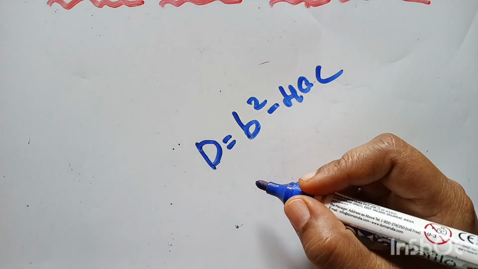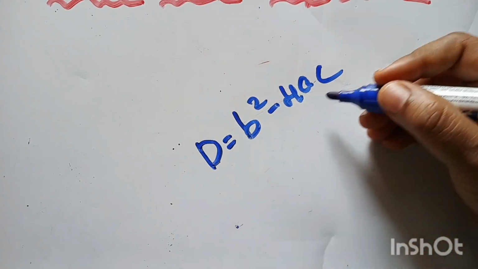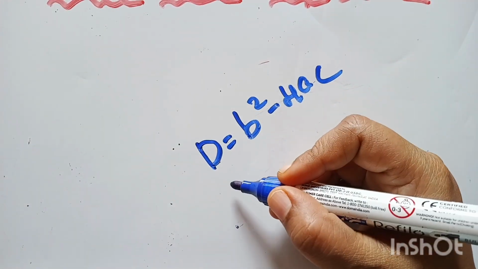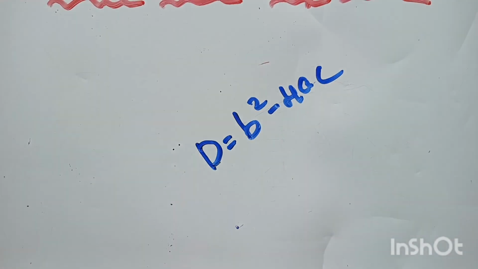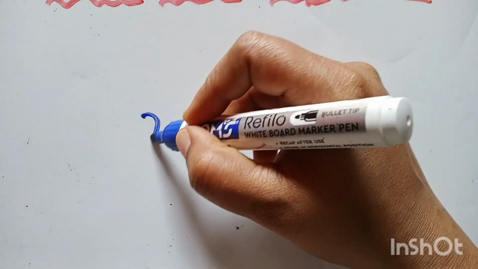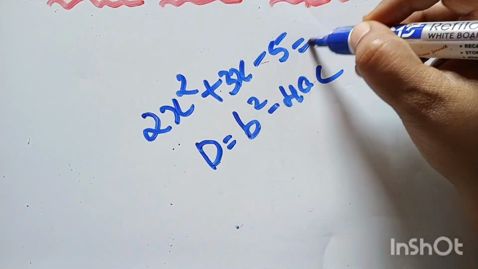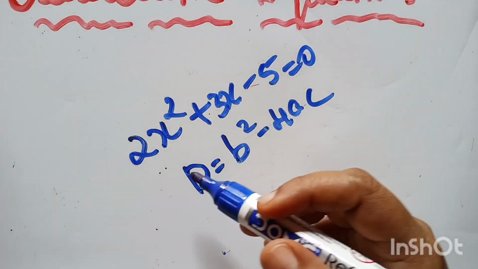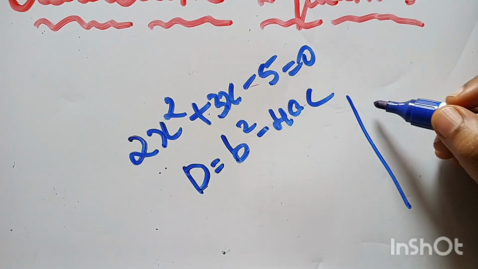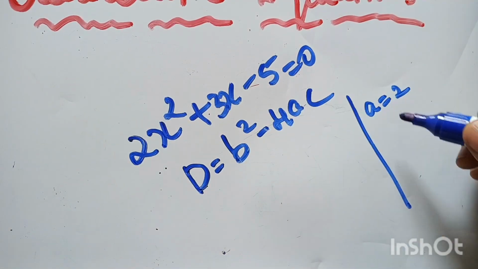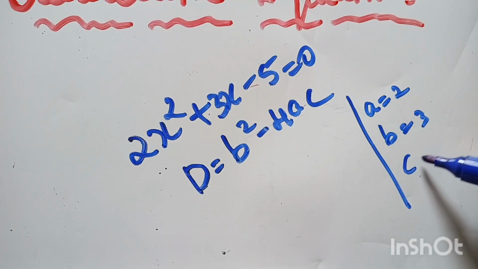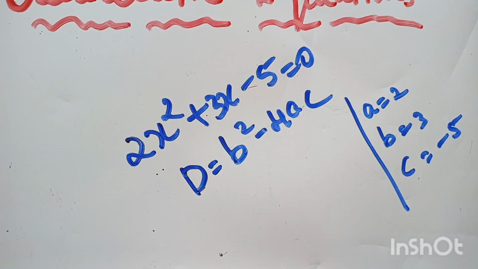For example, one equation: 2x square plus 3x minus 5 is equal to 0. For the discriminant we have to put the values a is equal to 2, b is equal to 3, c is equal to minus 5.